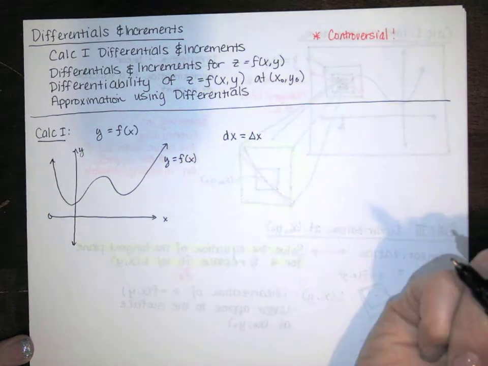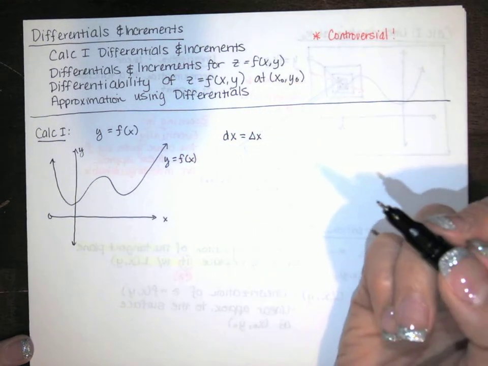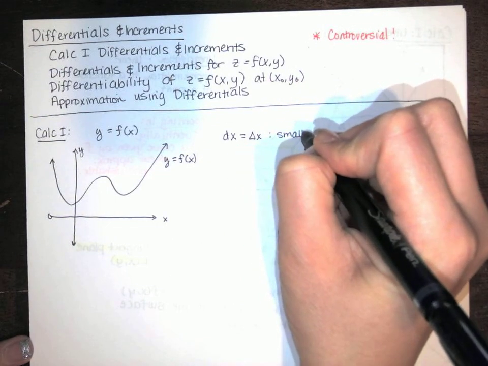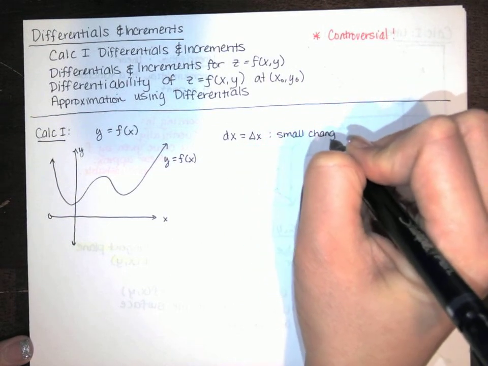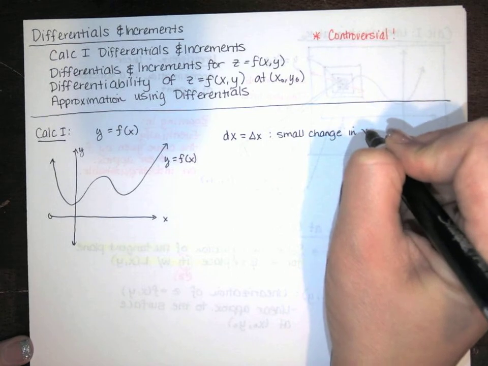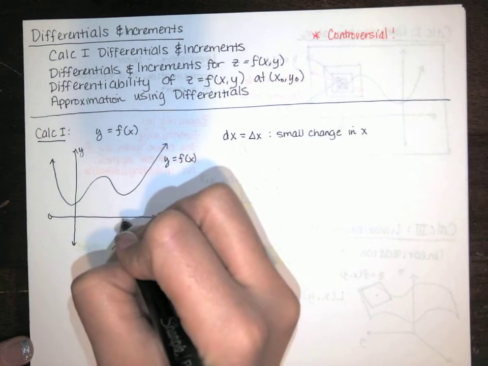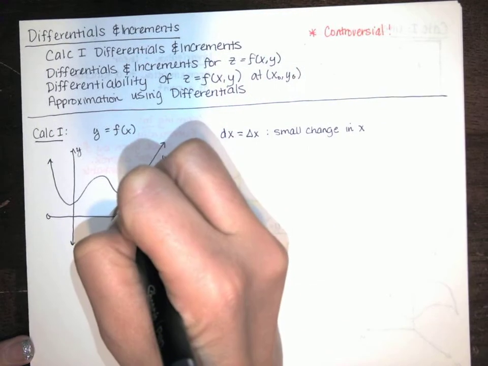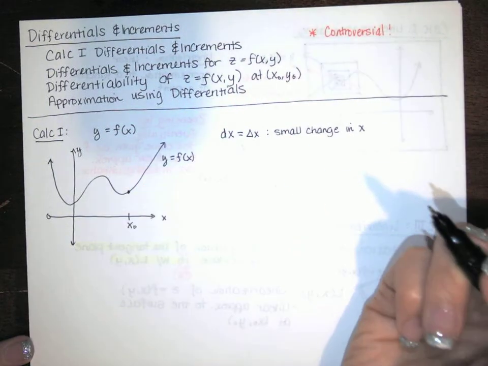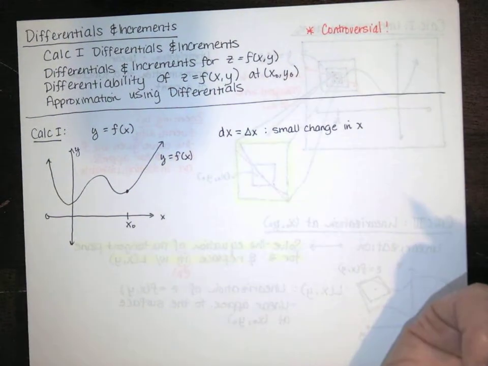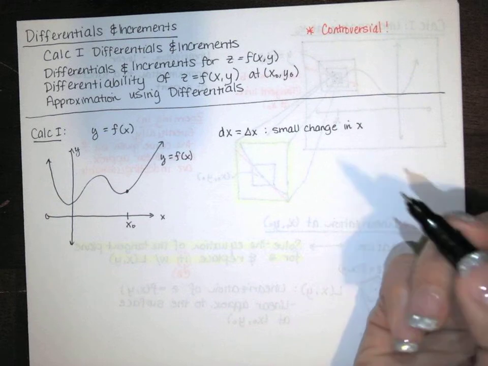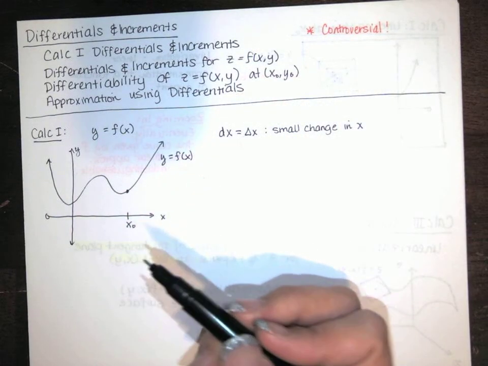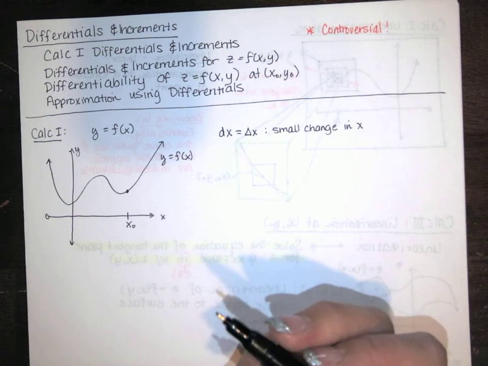I know I said it backwards. We'd use that notation interchangeably to represent a small change in x. So let's say we're starting here at x equals x naught. And at x naught, we're at that location. That's x naught, and y is equal to f of x naught. And then we take a small step in the x direction, either this way or this way. Y is going to change.